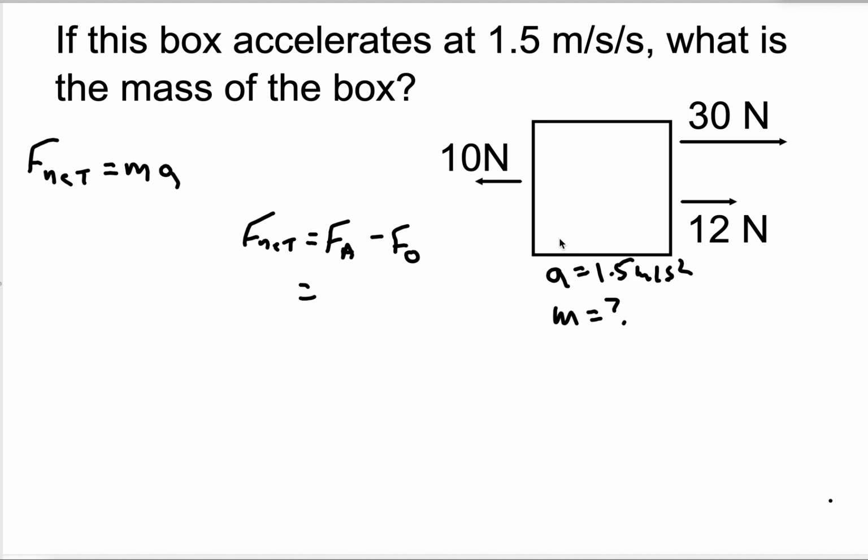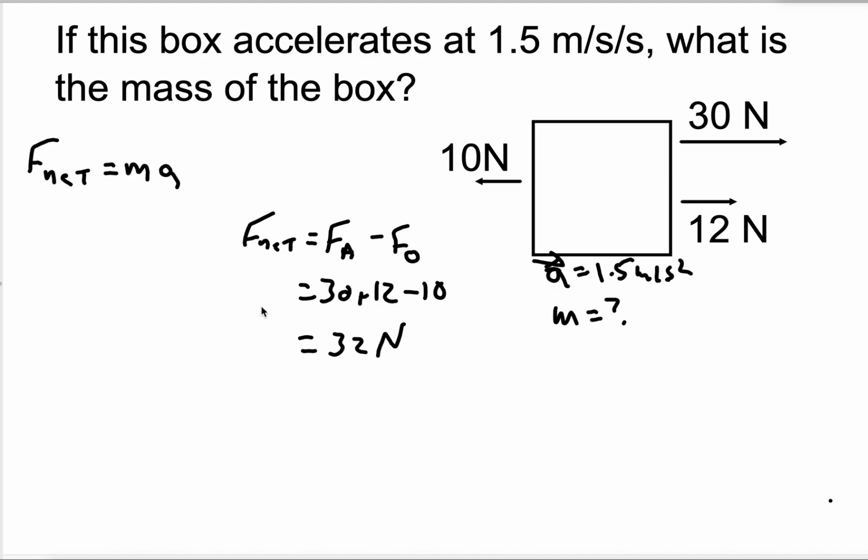The right. It's going to move to the right, so it's going to accelerate to the right, which means that these two forces are the applied forces. So I'll have 30 and 12 as applied forces. And then 10, that's making it slow down. So the net force would be 30 plus 12 minus 10. That will be 32 newtons.